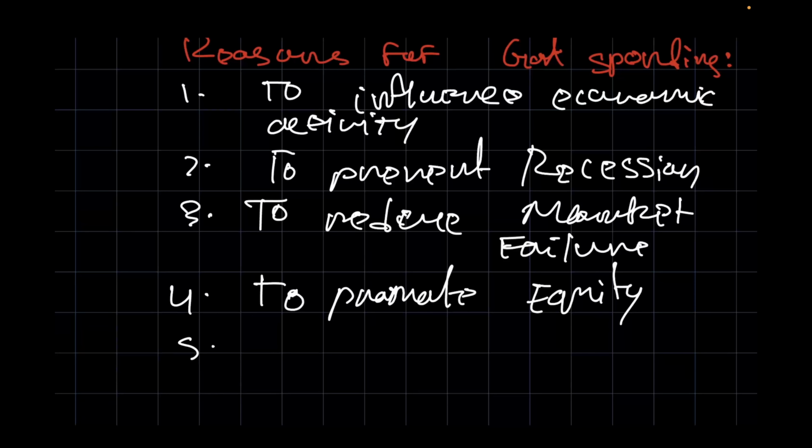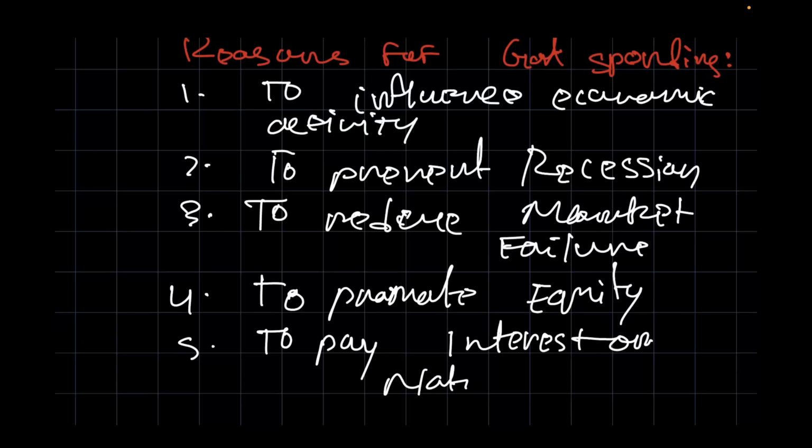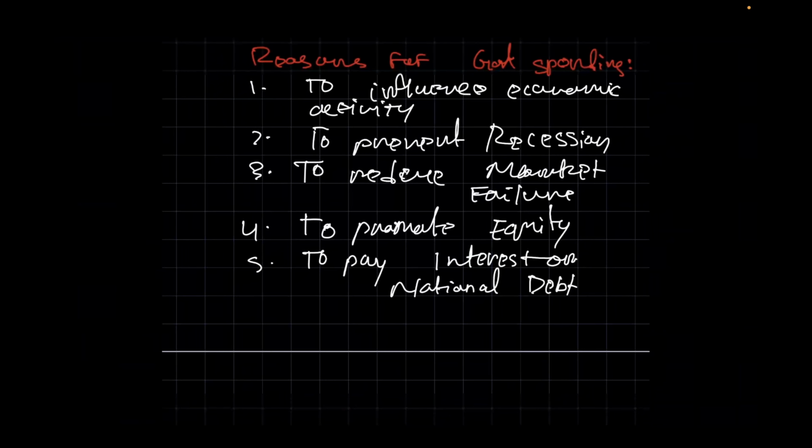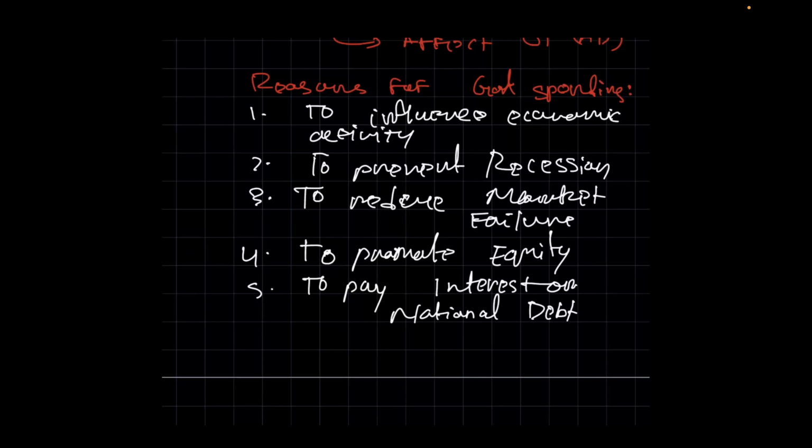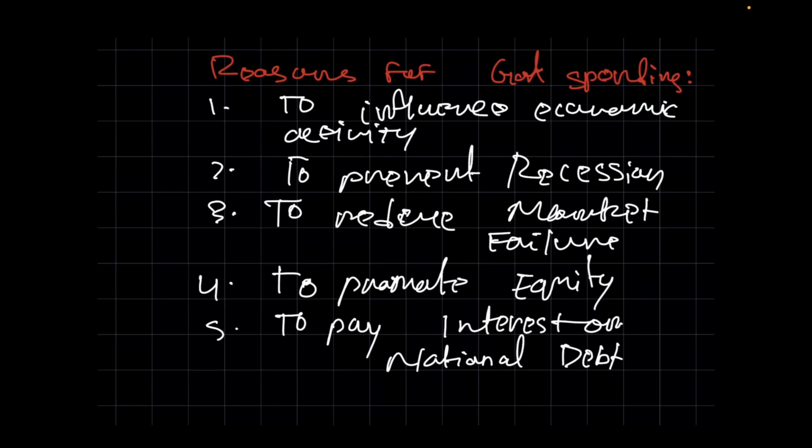And then you have to pay interest on national debt. Now this is slightly complicated. It's essentially when government spending is through bonds, which we look at in some of the future videos in A level. Now you can technically ignore that bit for GCSE.